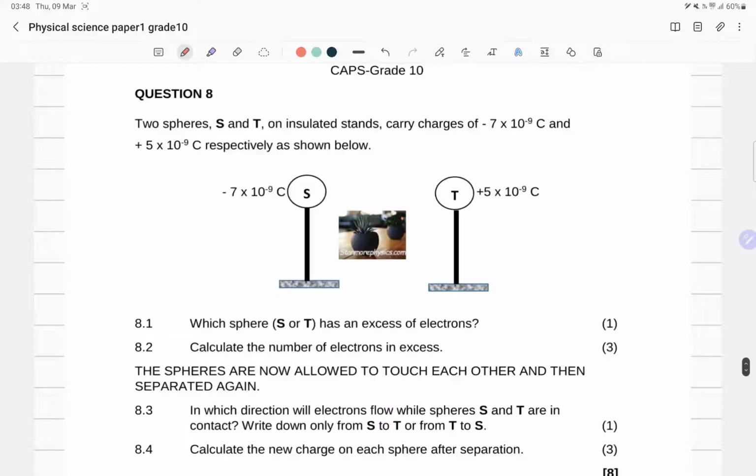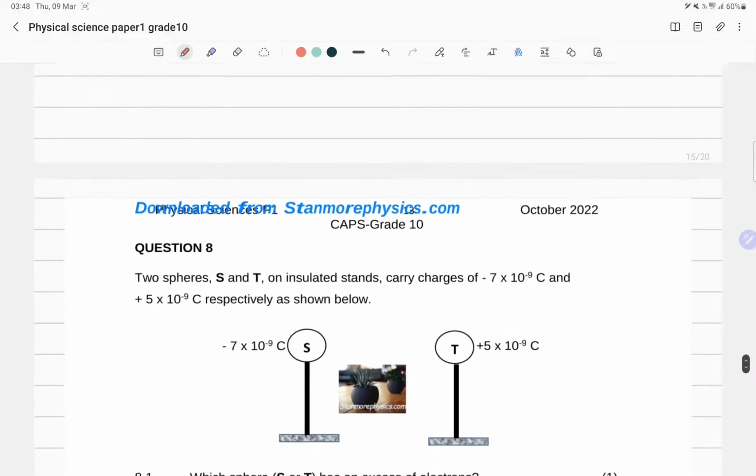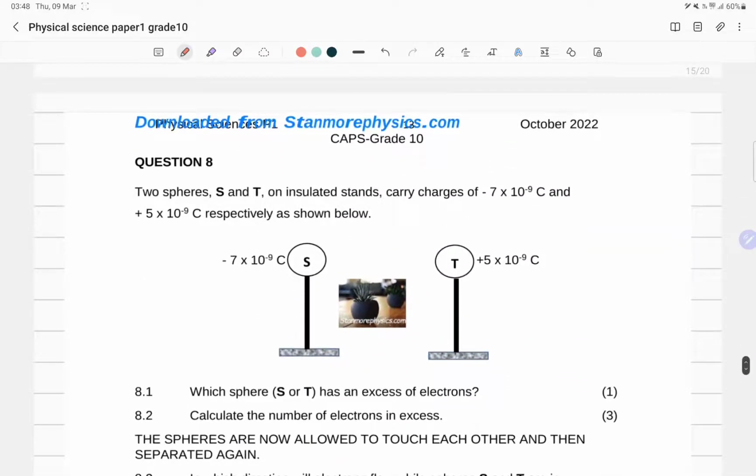Okay guys, let's move. Question 8 says 2 spheres S and T on insulated stands carry charges of -7 times 10 to the -9 coulombs and 5 times 10 to the exponent -9 coulombs.